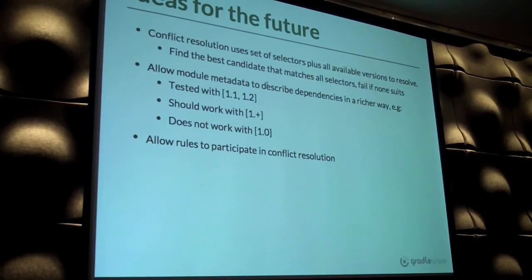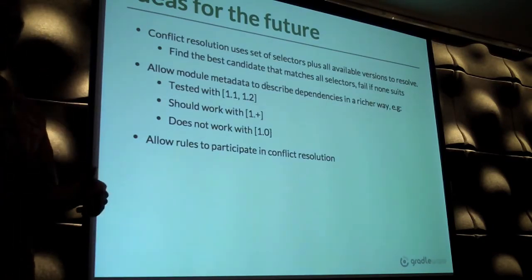We'd like conflict resolution, and dependency resolution in general, to let people declare much more than what they depended on. So I built my library with a version, I tested it with 1.1 and 1.2, and I know that it works with those two things. It should work with everything over 1 because that library developer says they're backwards compatible. They use semantic versioning, so therefore it should work with those. And we've tested at 1.0 and we know it doesn't work.